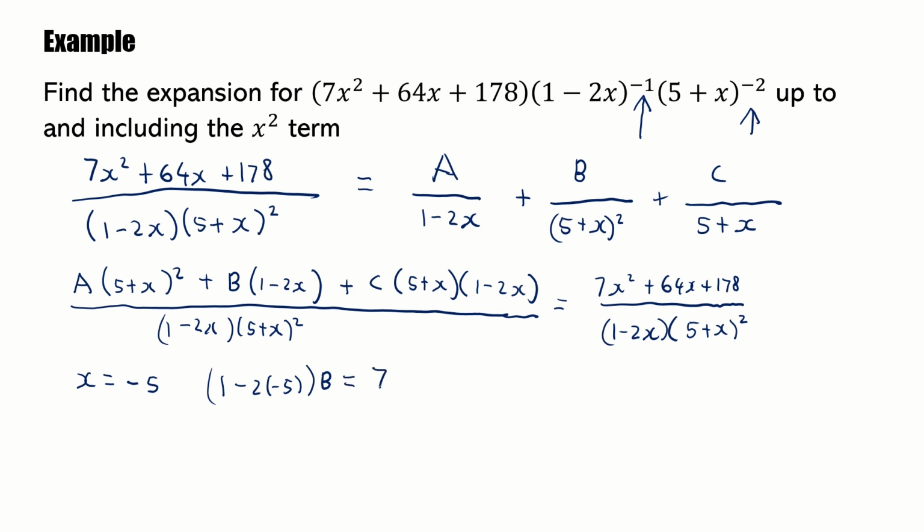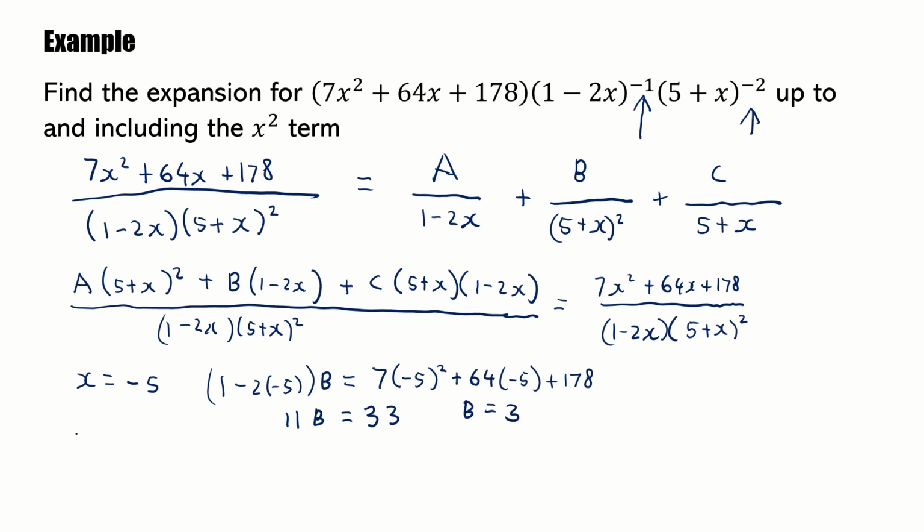So therefore that's going to equal 7 lots of minus 5 all squared plus 64 lots of minus 5 plus 178. So therefore that will get me on the left hand side 11b. And then on the right we will get 33. So therefore we know that b is equal to 3.